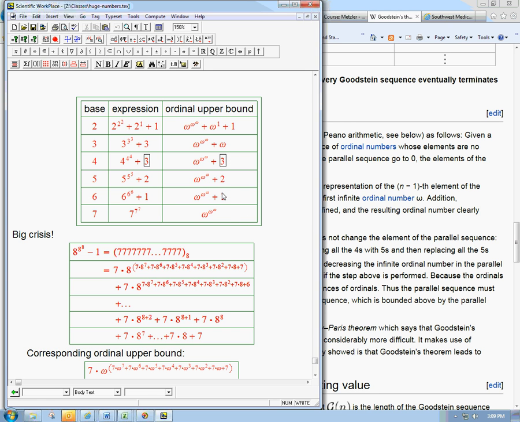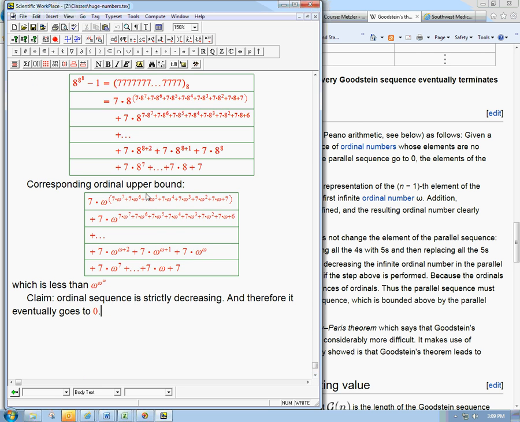Every time the crisis happens, I decrease the structure. I'm going to keep biting into this structure, and it's going to take a long, long time, but the 7 is going to disappear, and then that omega is going to get replaced by some finite number, whatever base it happens to be, and then omega 7 eventually is going to get replaced by a finite number. All of these omegas are going to get replaced by finite numbers.